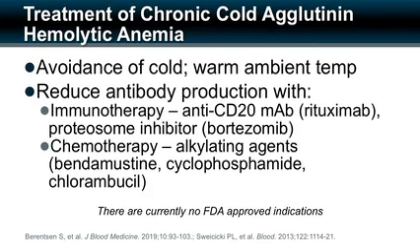Now, what about chronic cold agglutinin disease? Again, the cardinal principle is to avoid cold, maintain a warm ambient temperature, but this is generally the purview of hematologists now to treat the disease as primary therapy. Immunotherapy, such as anti-CD20 monoclonal antibodies, rituximab, have been typically used with about a 50 to 60% overall, maybe slightly higher, response rate.